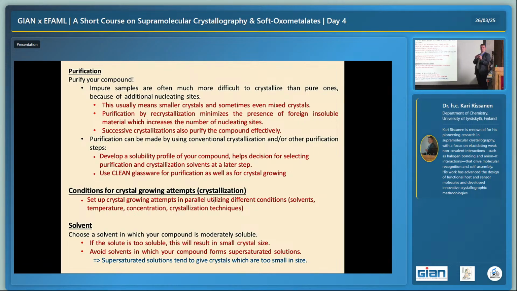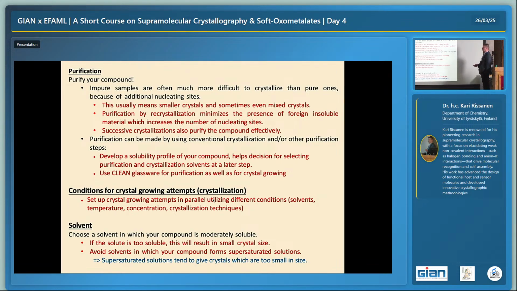These three pieces of information are crucial because we can then modulate this, because what we want is that our molecule will not be happy in the solution and it wants to crystallize. So we try to persuade it, and this is the way for us. We change the environment.